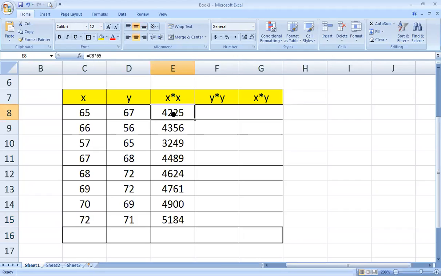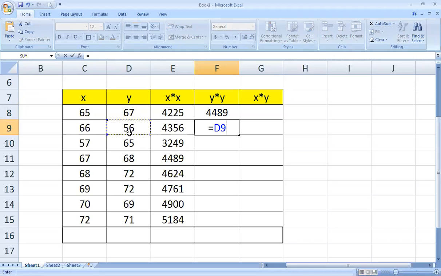So this is our x square values. Usually there are certain engineers who, out of curiosity or in a rush, do 65 into 2 instead of 65 into 65. Then they get into trouble. Now this is our y square. y square is 67 into 67, that is 4489.